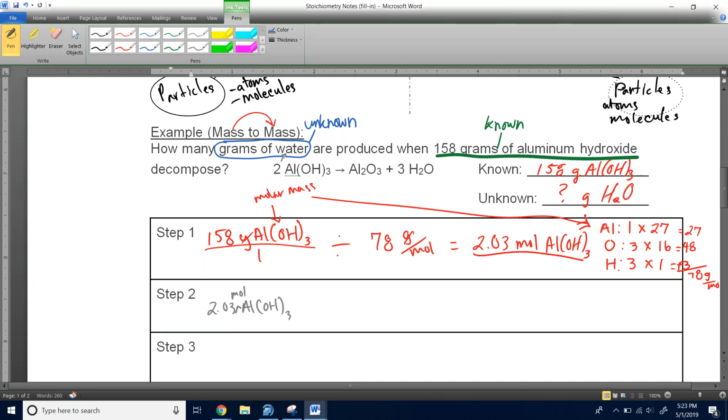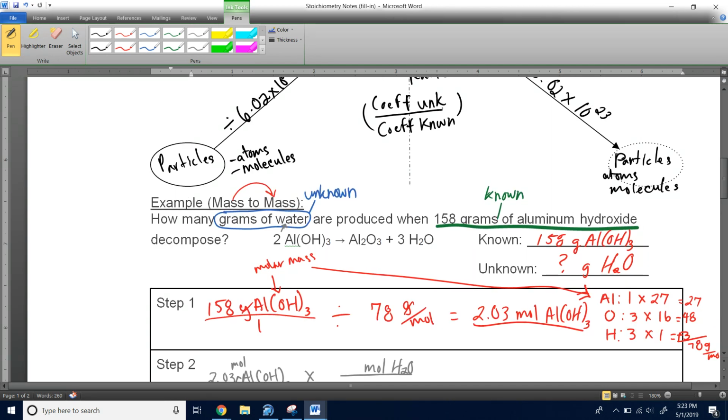Since we're looking for water, I want to convert into moles of water. The unknown value is always on top. Going back to our mole ratio fraction, the coefficient of the unknown is on top.